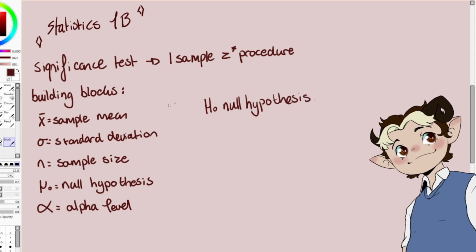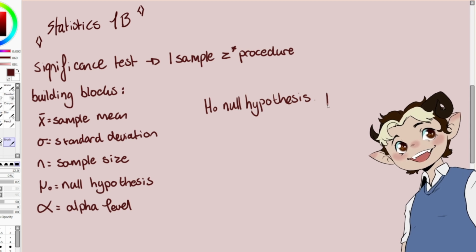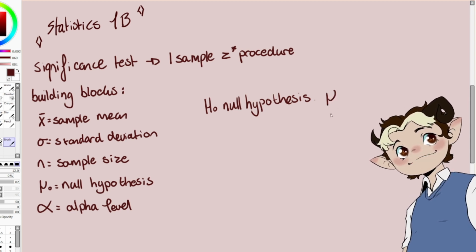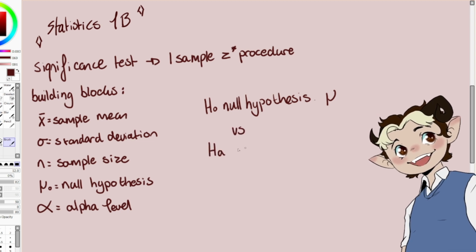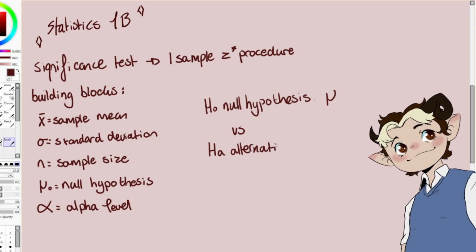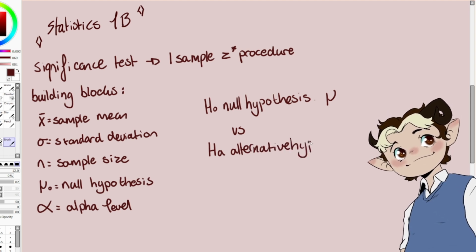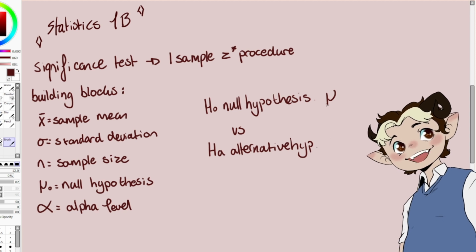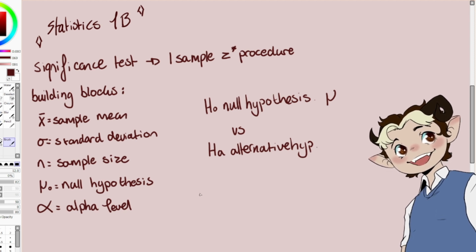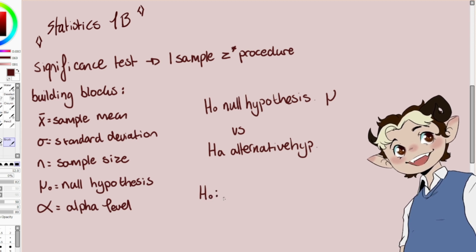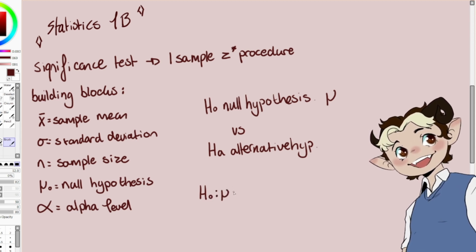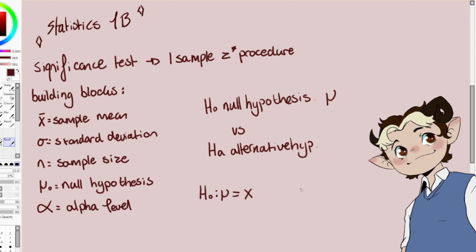Null hypothesis. The null hypothesis is basically an assumption we have made about the true population mean. And we are going to test that versus an alternative hypothesis. What we basically say is, well, we have our first hypothesis, which is mu is something.